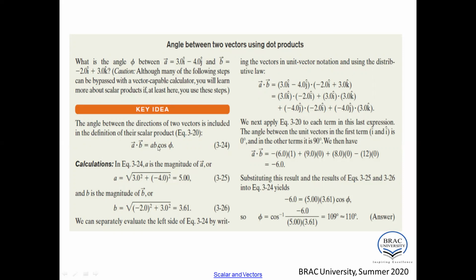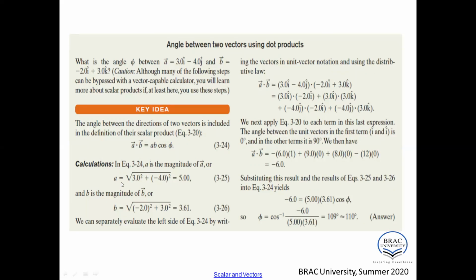A dot B equals AB cos phi, where A represents the magnitude of vector A and B the magnitude of vector B. First we need to find the dot product A dot B, then the magnitude of vector A, then the magnitude of vector B, and then phi equals cos inverse of A dot B divided by AB.